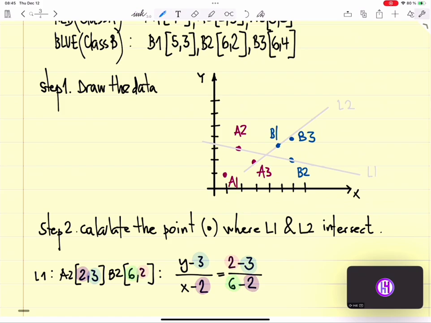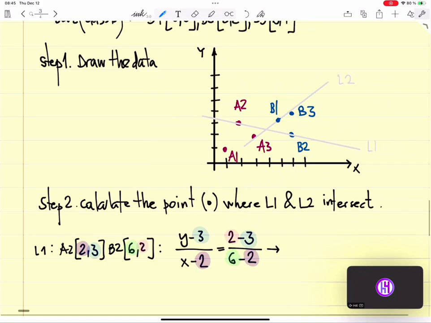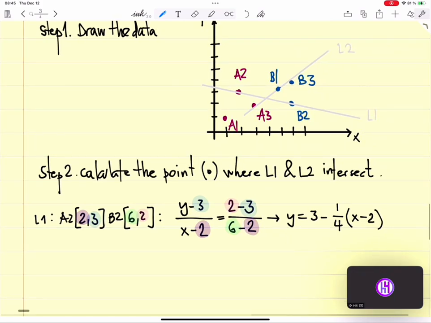Okay, so be careful. This means that y equals 3 minus 1 divided by 4, x minus 2. Just putting the things together, okay?